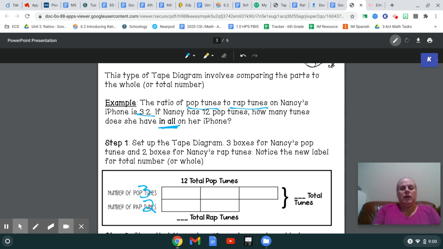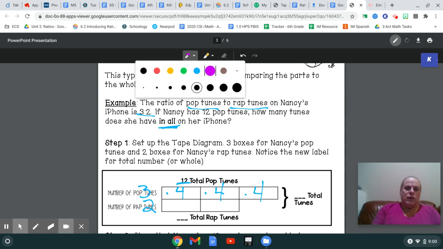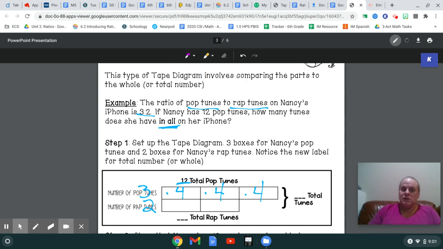Okay, so if she has 3 pop tunes to the ratio of 2, and we have a total of 12 pop tunes, what's going to go in each one of these boxes? You guessed it, it's going to be 4, because 12 divided by 3 is 4. All right, if we have 4 in the top boxes, what's going to go in the bottom boxes?